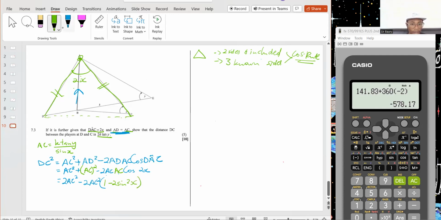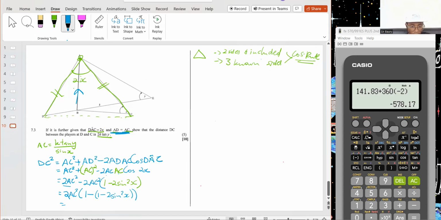And then DC squared will equal 2AC squared, it's a common thing, it's here and also here, so I'm taking it out as a common factor, when I have 1 minus, 1 minus 2 sine squared x.